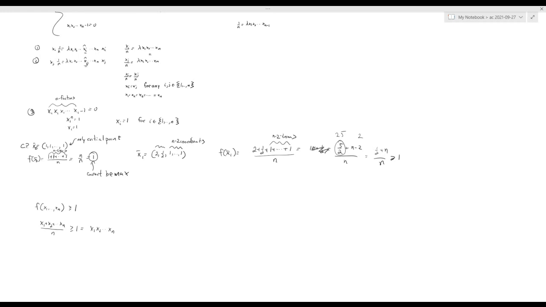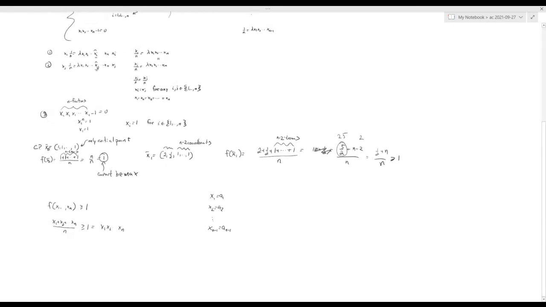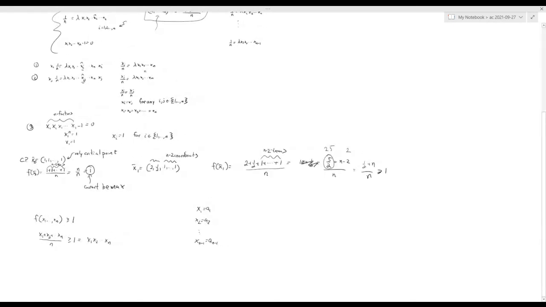How do you define your x's? So let's see. How can we do this?